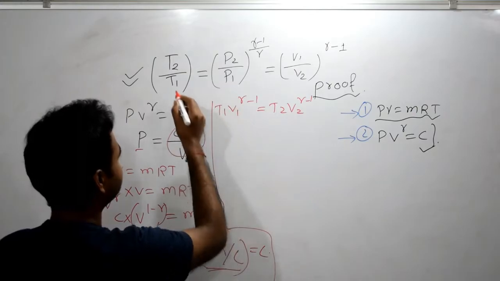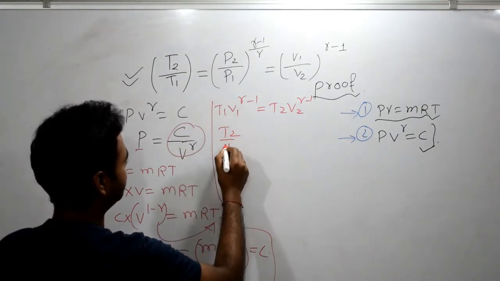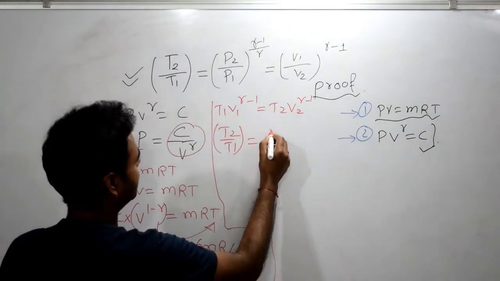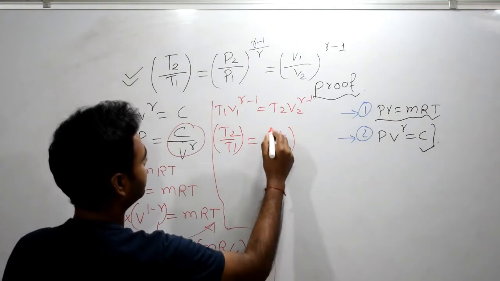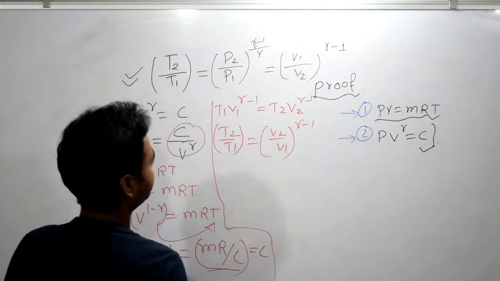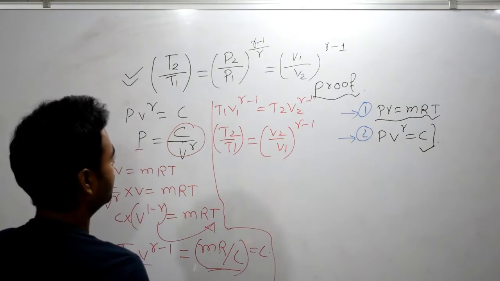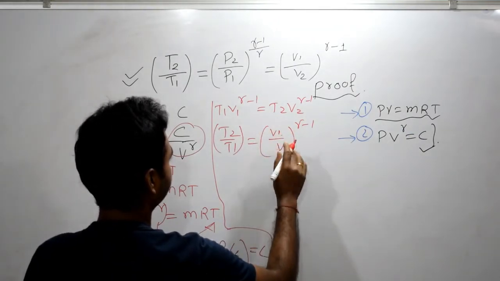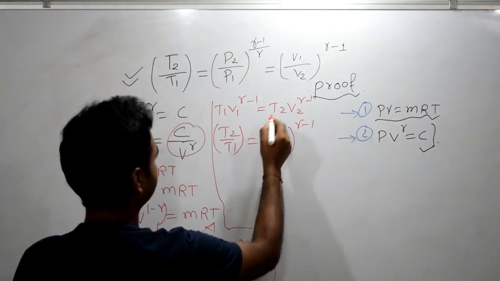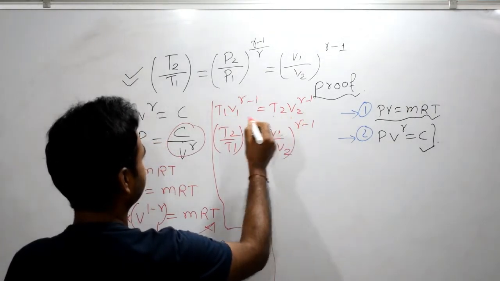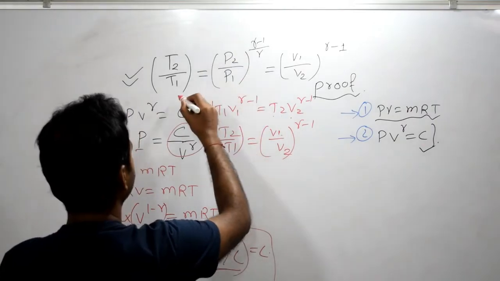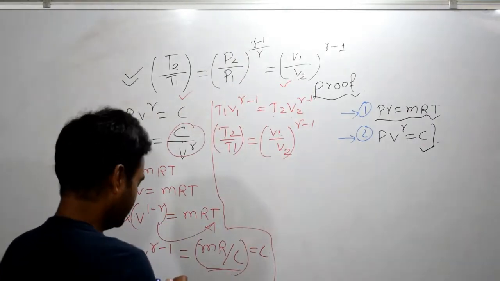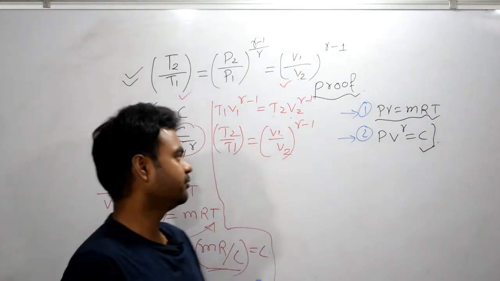Now let's arrange it: T2 / T1 is equal to V1 / V2, because we are sending this term to this side, so it is (V1 / V2)^(gamma - 1). So this one and this one are proved. Two things we have proved so far.